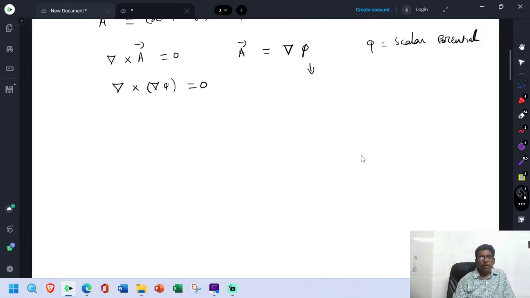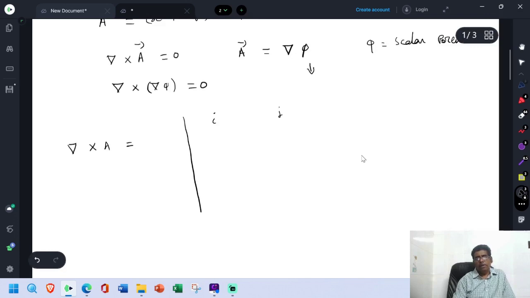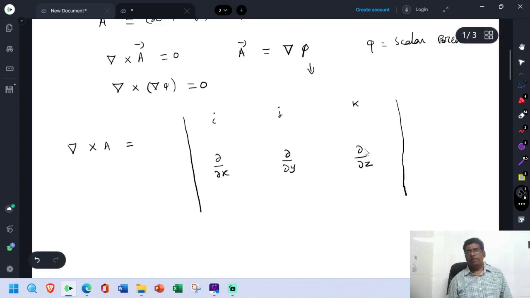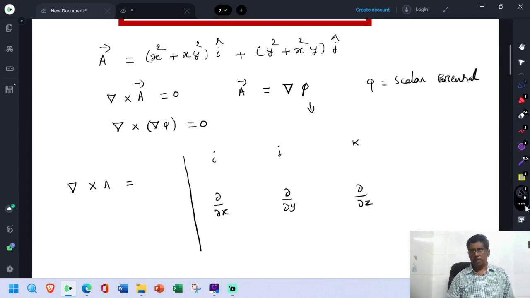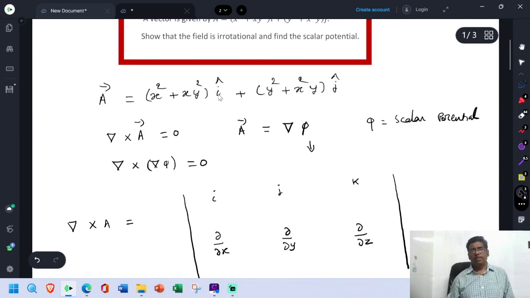First we take the value of curl A, del cross A, which is the determinant with rows i, j, k; dou by dou x, dou by dou y, dou by dou z; and the components of A. Now we have to put the coefficients of i, j and k.